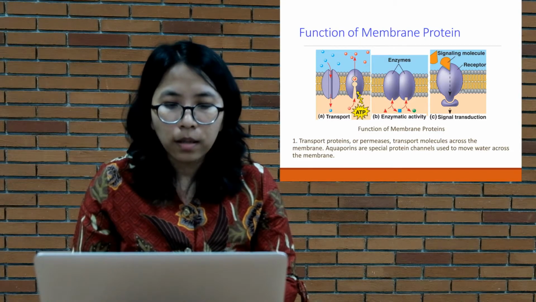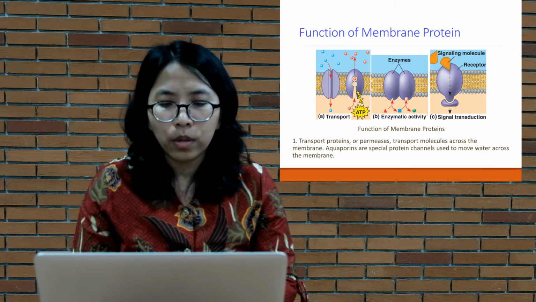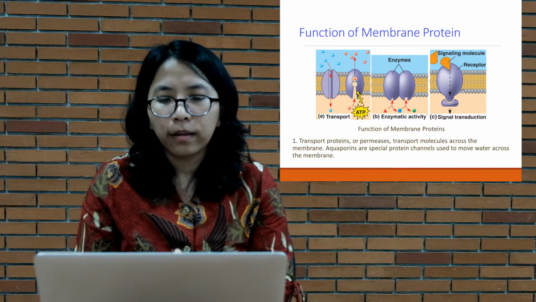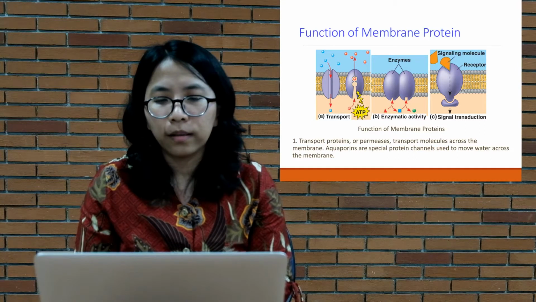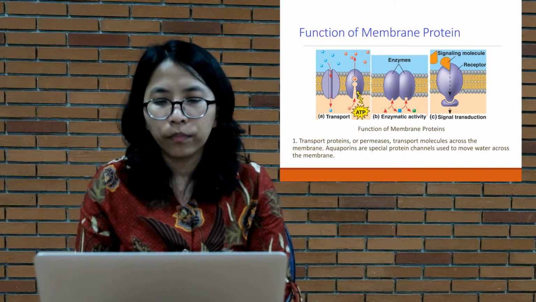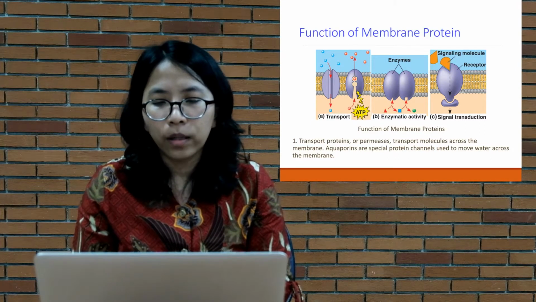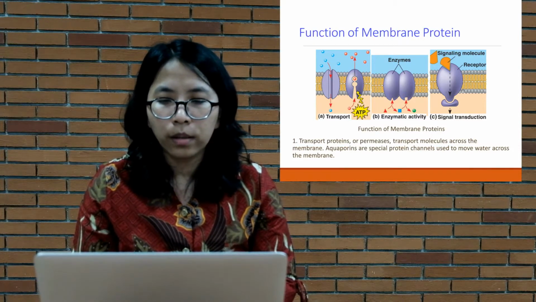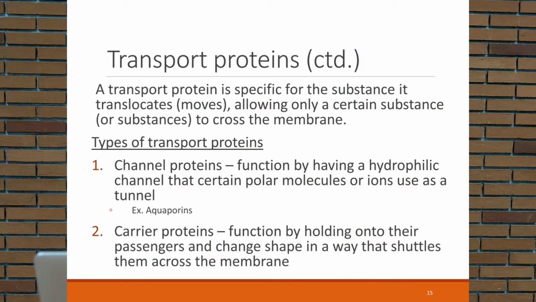So the proteins are stuck in the membrane like a mosaic. It can act like a gate, the transport protein. It can gate, and it can help the molecules to go in and out of the cells. So it's specific for the substance.